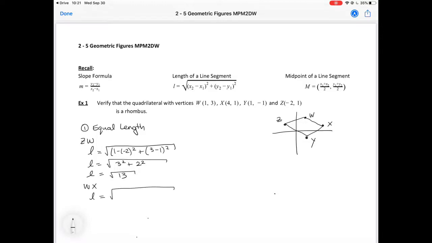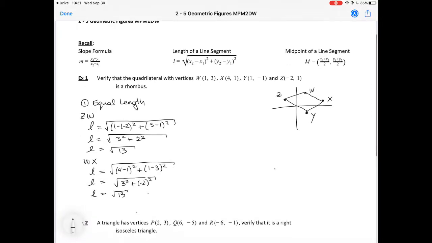So now I'm going to do W and X. So I'm going to start with my x's squared and add my y's squared. Here I get 4 minus 1 is 3 squared plus minus 2 squared. I've got 9 plus 4, so again, I'm going to get 13. Then I'm going to check my third side, XY.